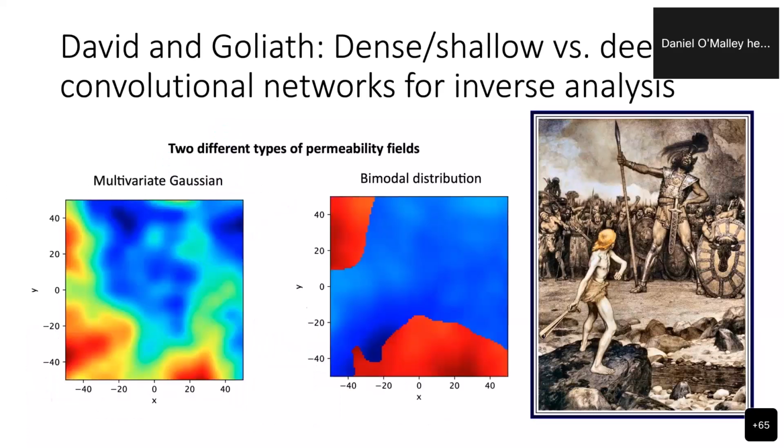We're going to look at two different types of permeability fields. On the left is the traditional multivariate Gaussian field that's commonly used in hydrology. On the right is a permeability field that has a bimodal distribution. There are these red regions that are high permeability and these blue regions that are low permeability, and there is some variability within each of these regions.